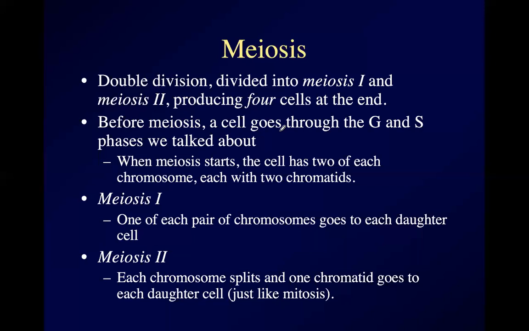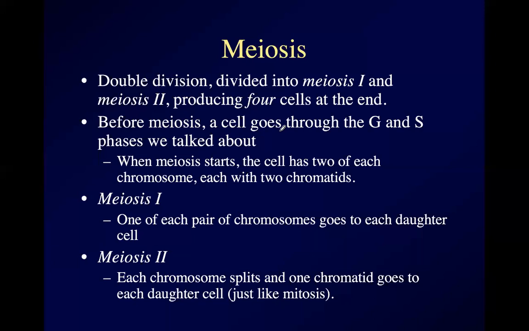You end up with 1 egg cell and a few throwaway little rudimentary cells called polar bodies. I'm not going to be able to get into that just for reasons of time. The process looks a little bit different, but still, meiosis is how you make egg cells from these progenitor cells in your ovaries called oogonia.